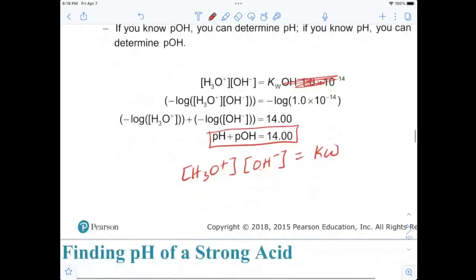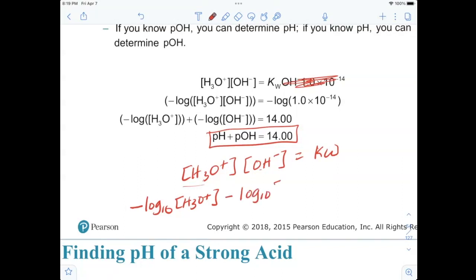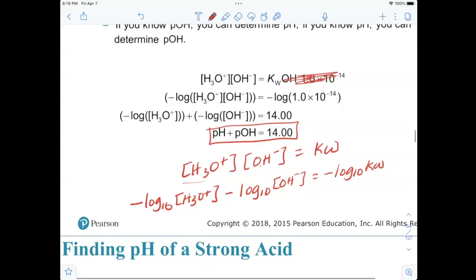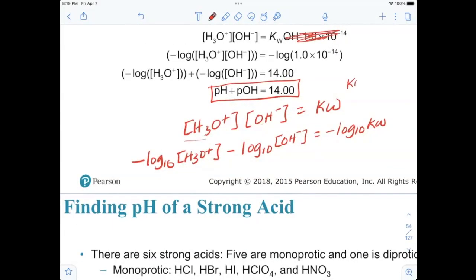If you take the negative log of everything here, you end up with negative log base 10 of H3O plus, negative log base 10 of OH minus, negative log base 10 of Kw. Kw is equal to 1.0 times 10 power negative 14.